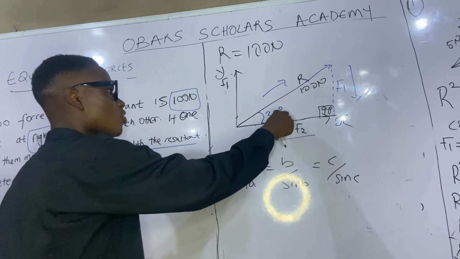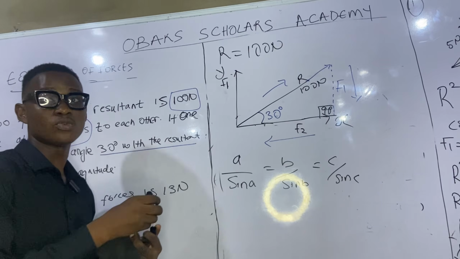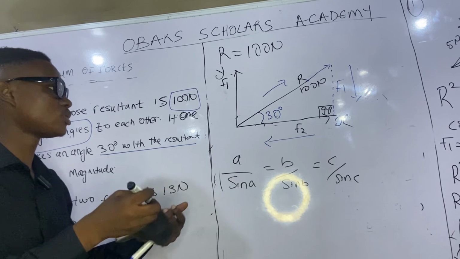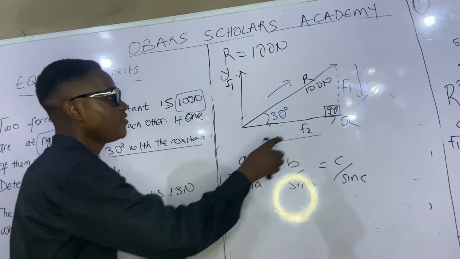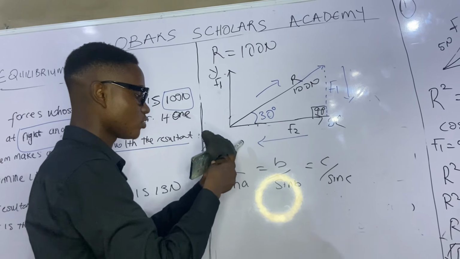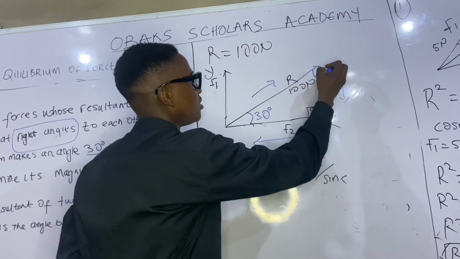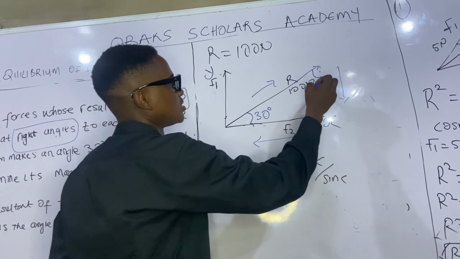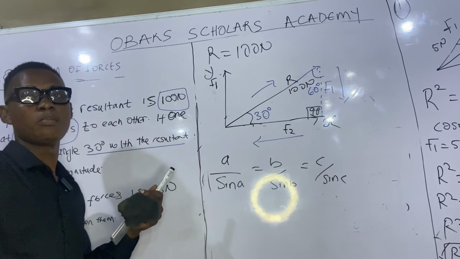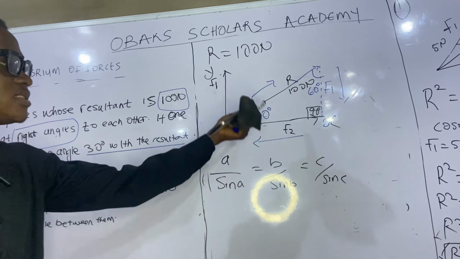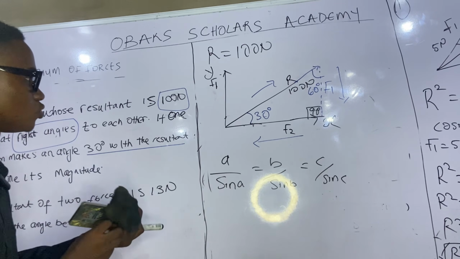Here is 30 degree. You know that in a triangle, the sum total of the angles is 180 degree. So if here is 90, here is 30, of course, here will be 60, because 90 plus 30 is 120, and 180 minus 120 gives you 60 degree.